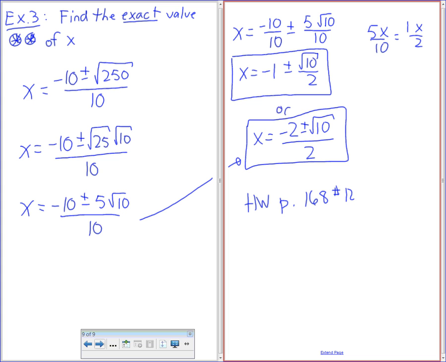Okay, 170, number 13, that is. Those are just good practice. I want to make sure this stuff is fluent. You're fluent with it.